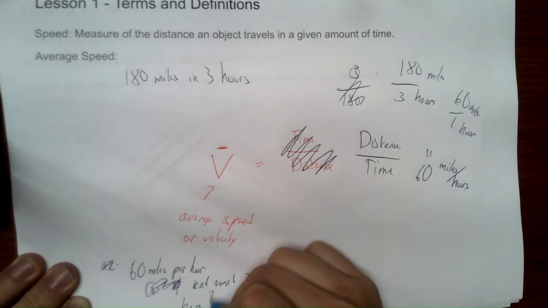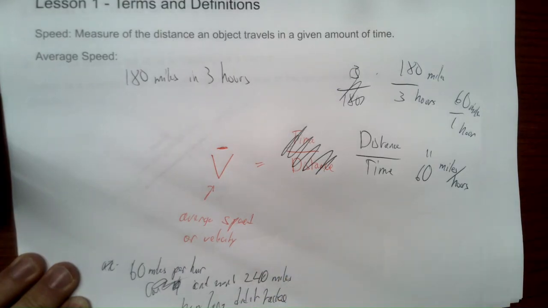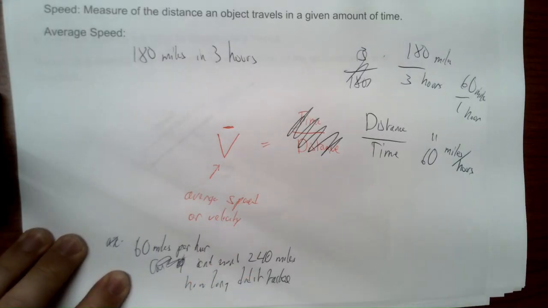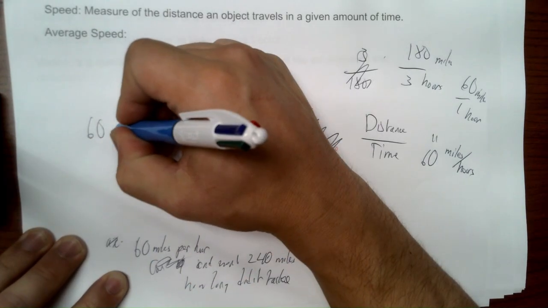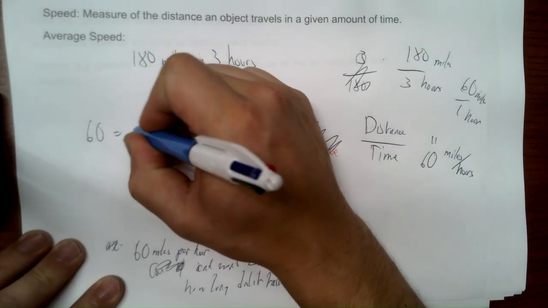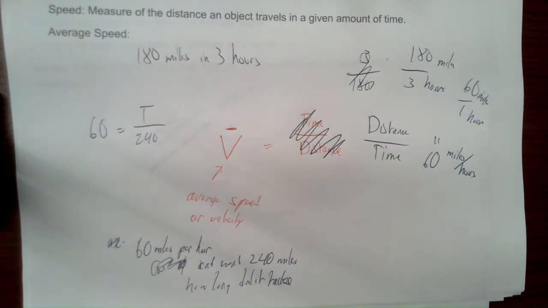How long did it take? Well, we can figure this out because we have everything we need. We have the average speed as 60 miles per hour, so we put that in here. We have the total distance they went, 240. All we need to do is solve for time. Now we're just doing basic algebra.